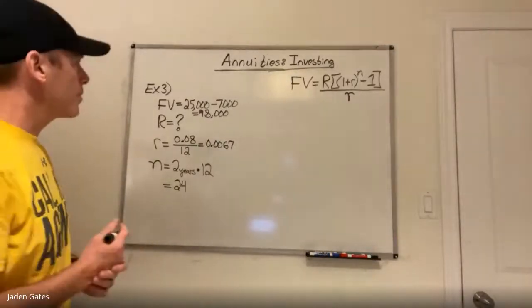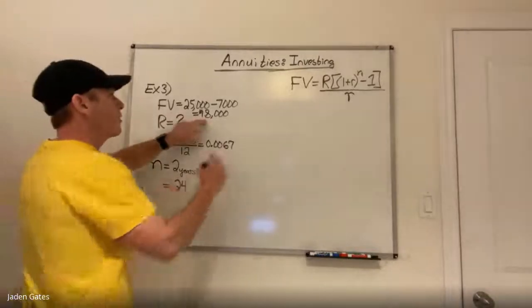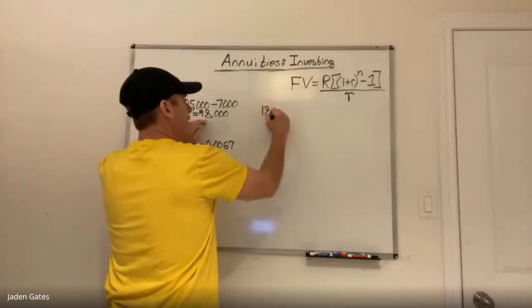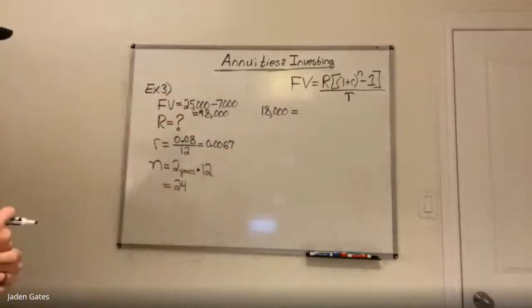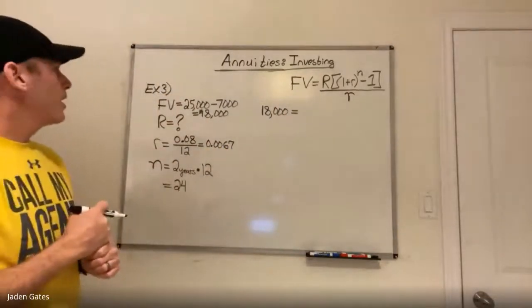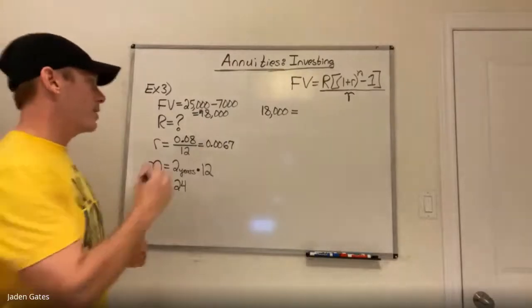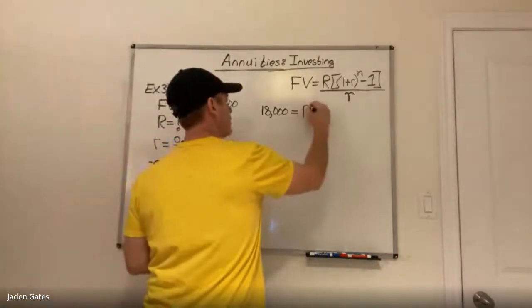I'm going to substitute in, but this time I have my future value. We're saving up $18,000. All right, so we need to save up. She already had $7,000. The regular payments, that's what we're trying to find. So put an R in there.